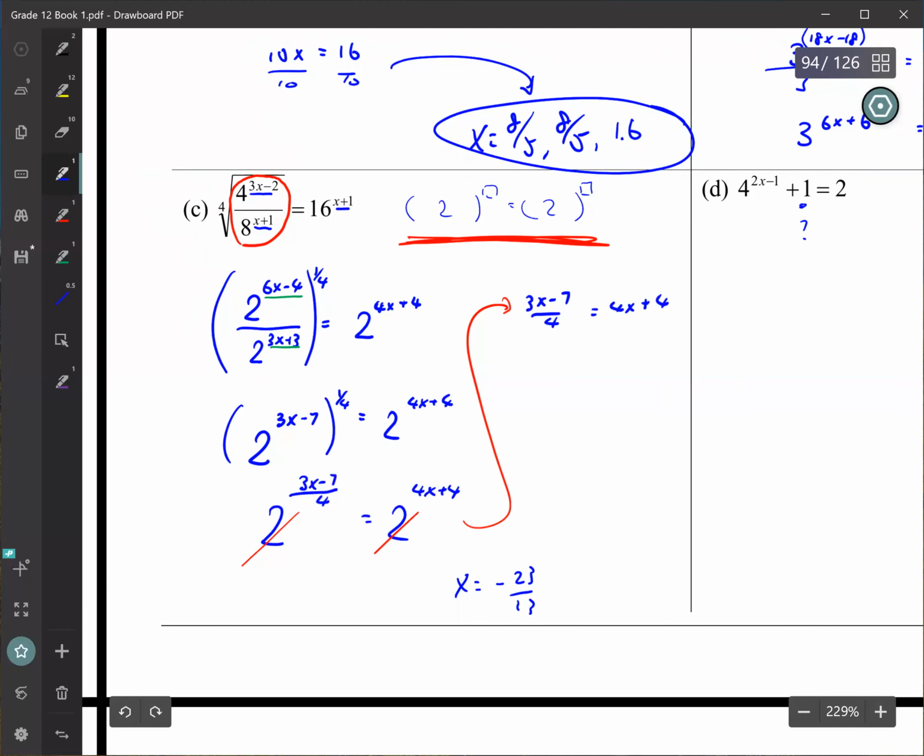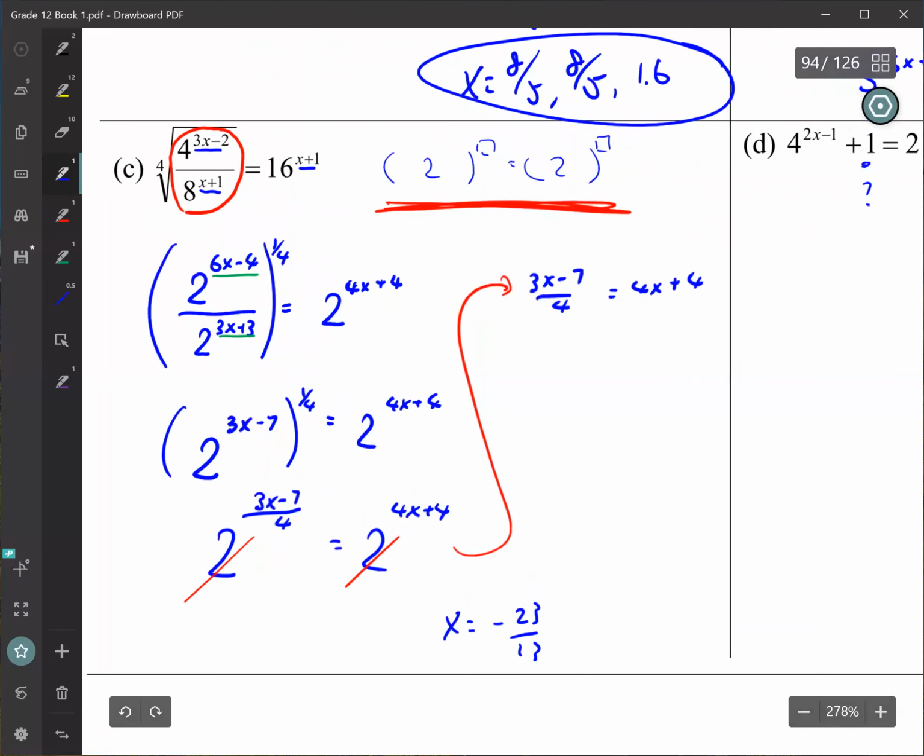Okay, how do we solve this equation then? That's the problem, right? So Eric, how do we solve this equation? Multiply both sides by 4. Yeah, okay, so to get rid of the fraction as soon as possible, right? So you have 3x minus 7, right side 16x plus 16, right? Multiply both sides by 4. And then you can start isolating the x.